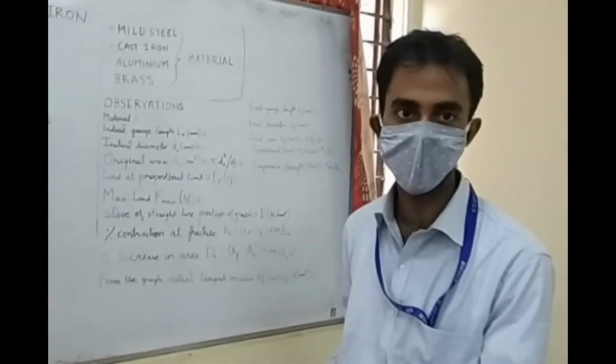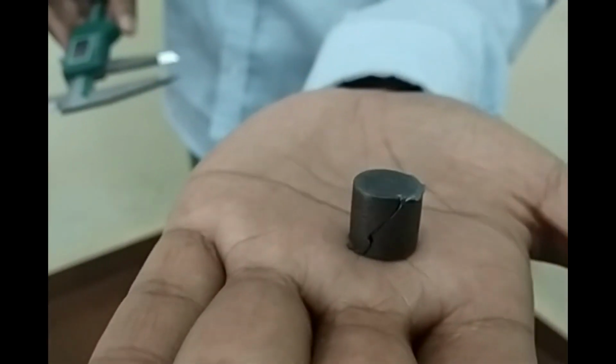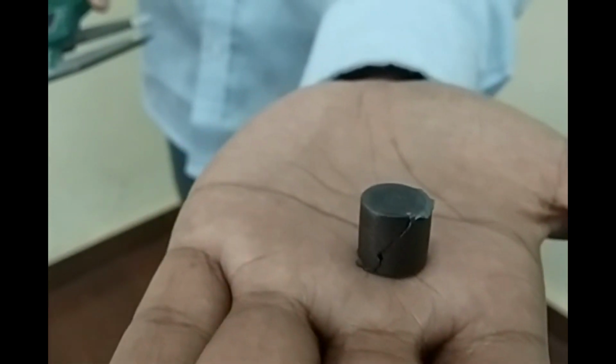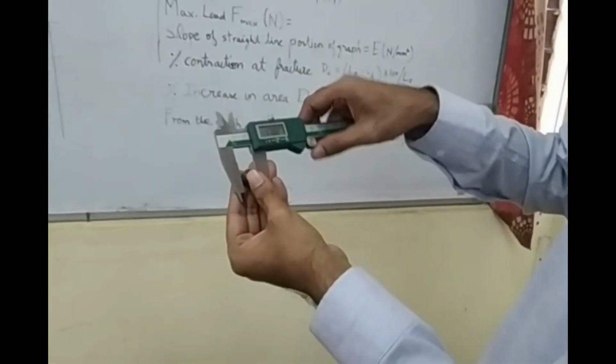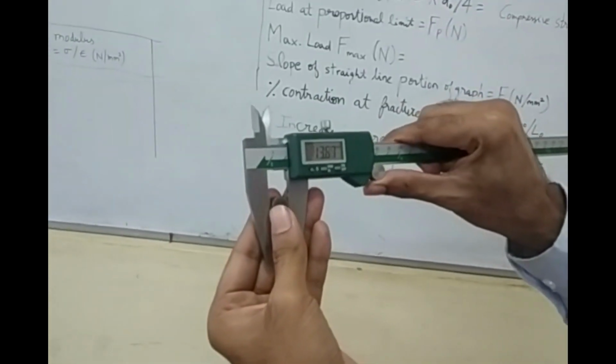So this is the sample which has failed, the cast iron sample. You can see the crack. So there is a shear plane which has formed. The next step for our calculation is to find the diameter and the length of this after the test. So I will again use the vernier scale to measure the diameter.